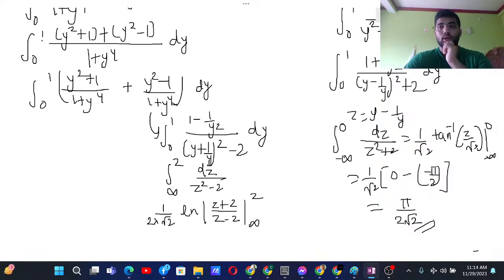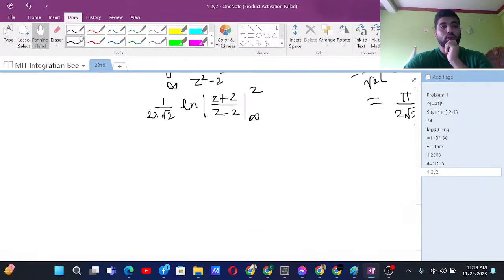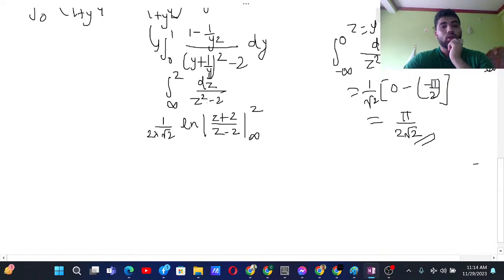We can just evaluate these at 2 and infinity. 1 by 2 root 2 at 2, this will be ln 4 by 0. But ln 0 is again infinity, so that doesn't really make sense.